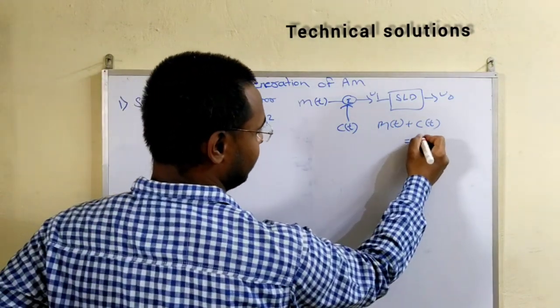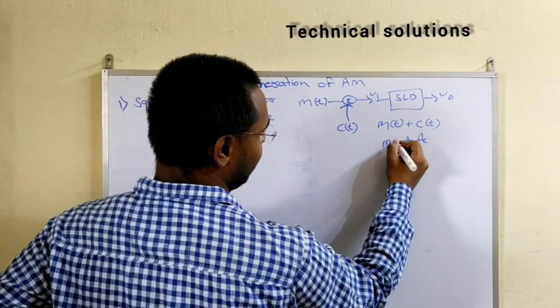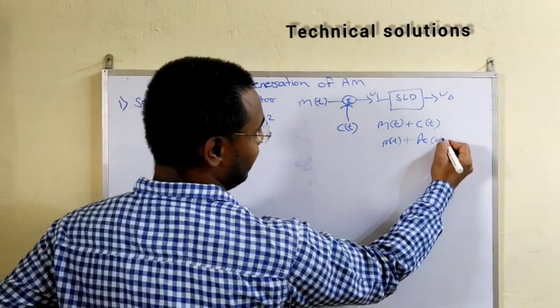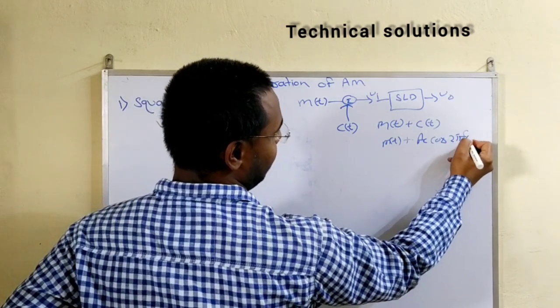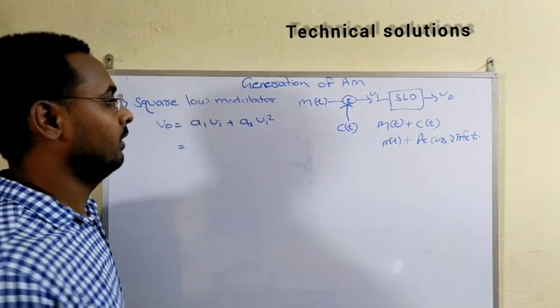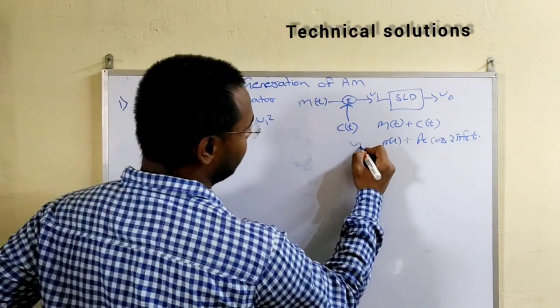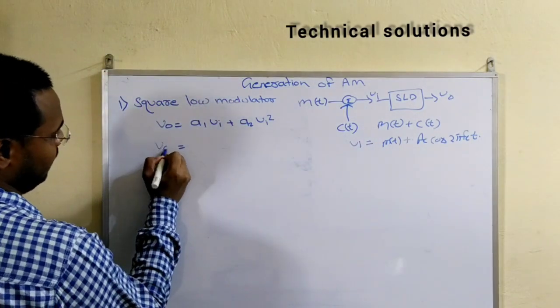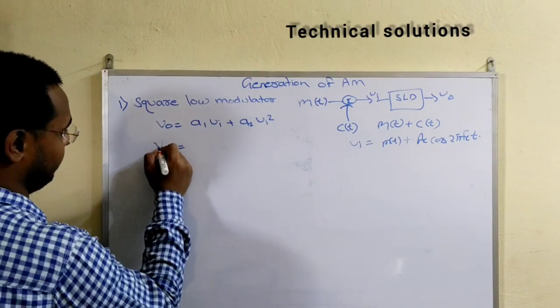Ct is what? This is Mt plus Ct, AC cos 2 pi Fct. So this is our Vi. We use this expression to find V naught.